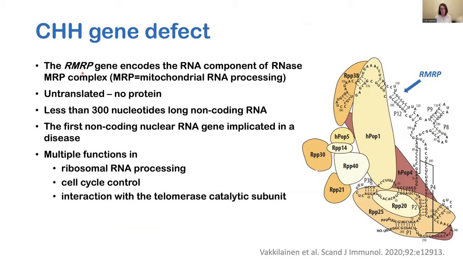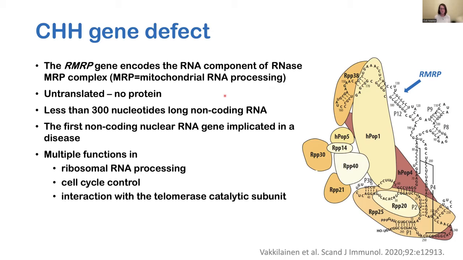this RMRP gene, it's an RNA molecule and a component of this RNase MRP complex. So it's an RNA and it's untranslated, so there is no protein. And it's also very small, only 300 nucleotides, and belongs to these long non-coding RNAs.